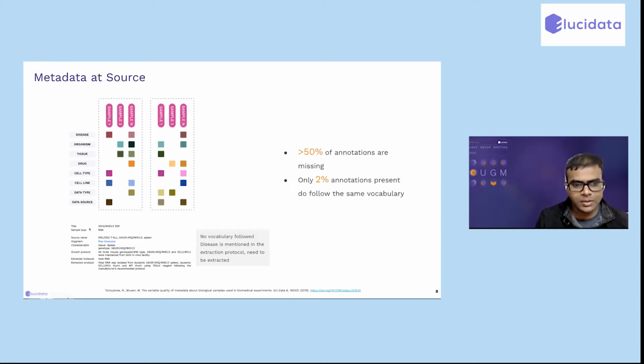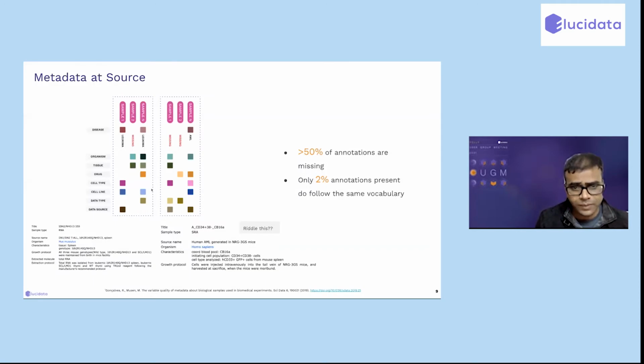It's mentioned in the source name as TALL, which is a kind of leukemia. It does not follow any vocabulary, and it's very hard to figure out what this sample is unless you look at it closely, individually, one by one, which is almost impossible to do in today's world because we have so many samples in so many public sources as well as proprietary sources. That's the problem statement right now, and it really leads to a lot of unusability of data that we see in today's public sources around the world.